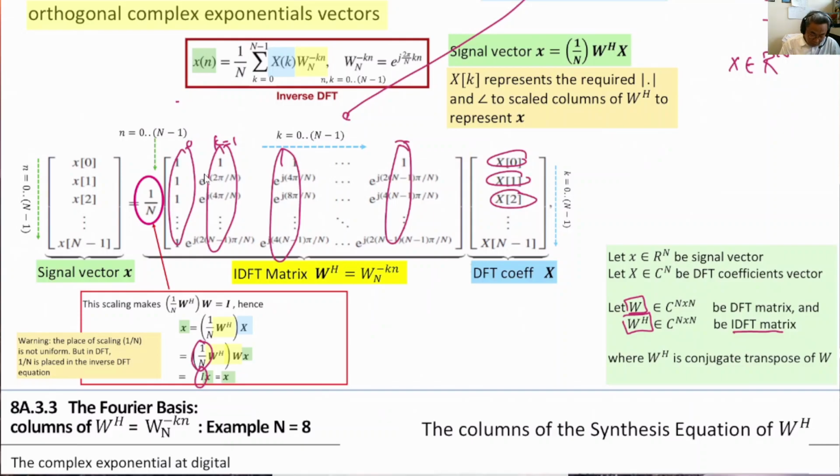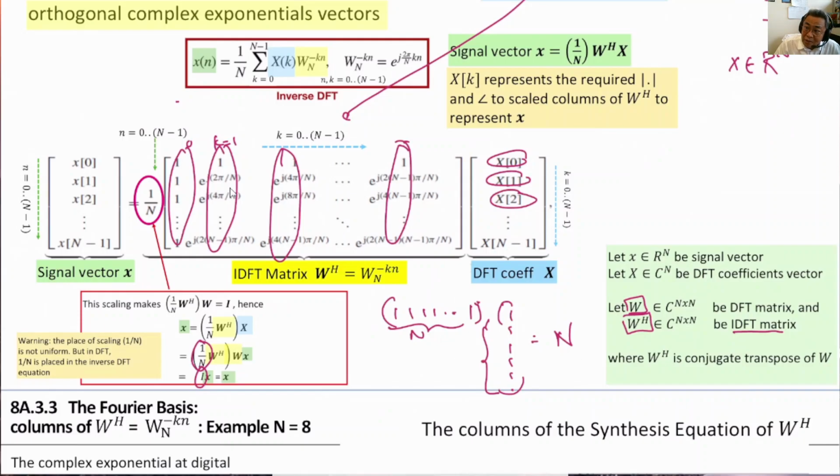What is the first column, all the ones, inner producting with all the ones? If there are n elements of them, you'll get n here. So this column, when we are performing inner product with itself, will get n.